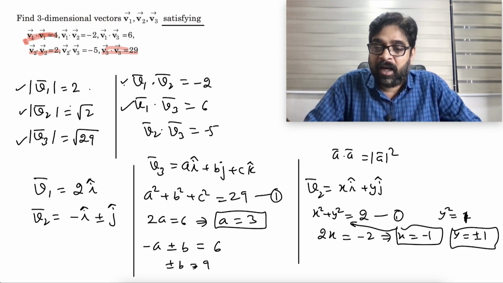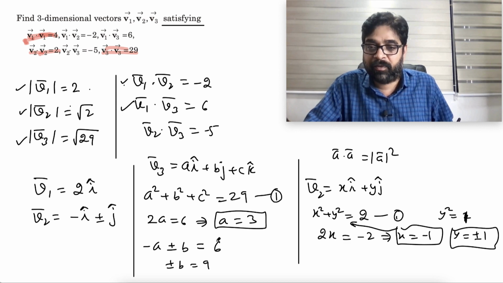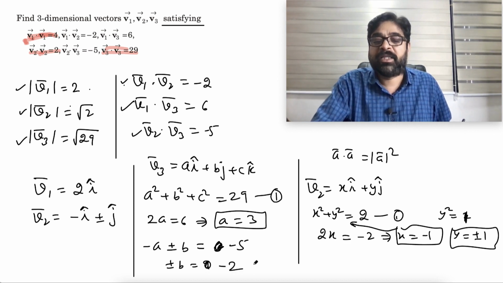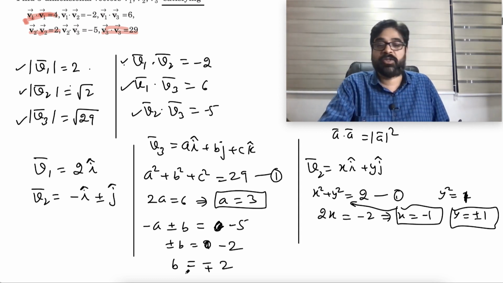Sometimes I do blunders. No, this is V2 dot V3 we are doing, this dot this equal to minus 5. This is given, sorry, minus 5. So minus a plus minus b equal to minus 5. Here a is 3, so minus 3, and moving it gives plus minus b equal to minus 2. Means b equal to minus plus 2.